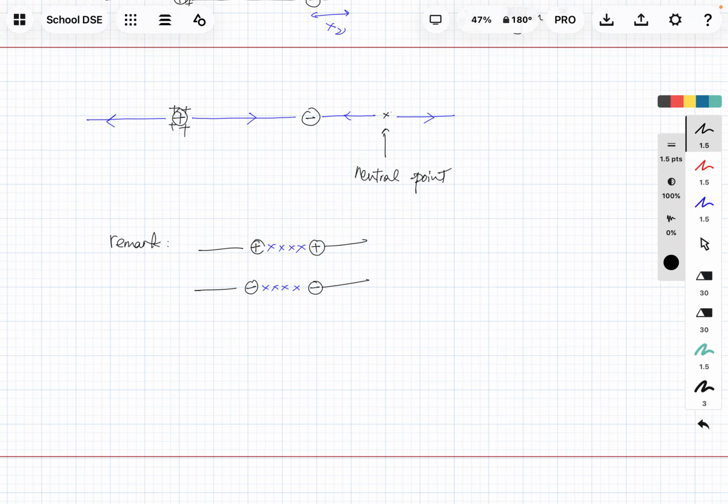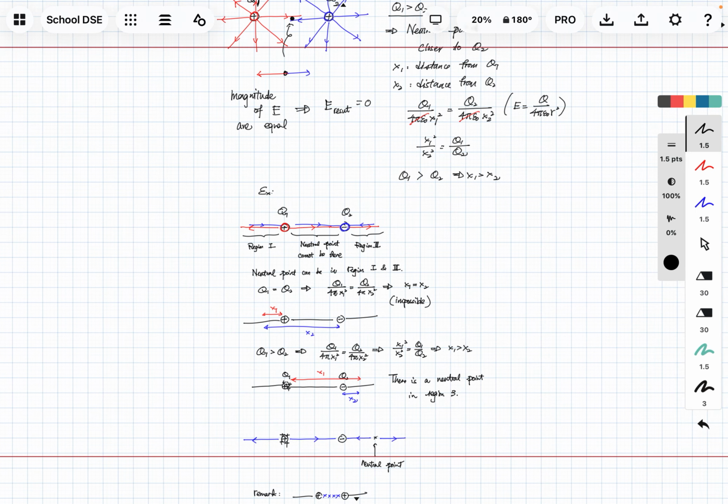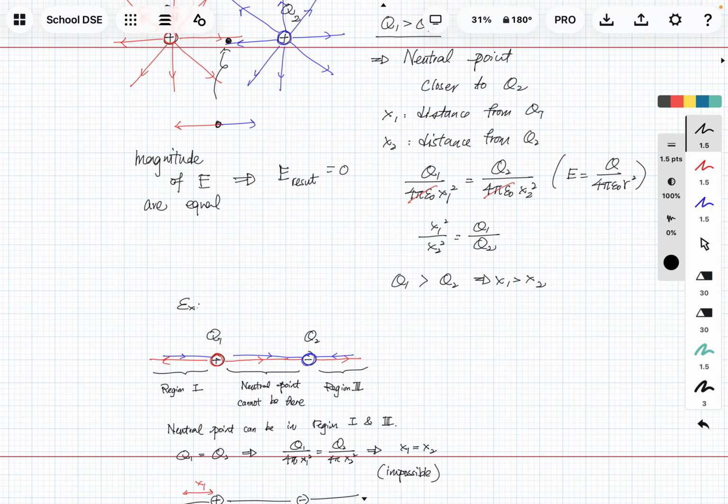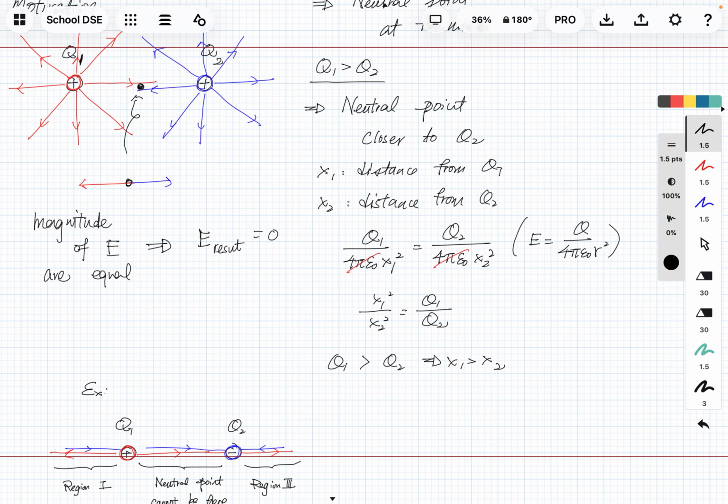On the right-hand side of this current, what is the direction of the magnetic field? Okay, you use the right-hand grip rule. So go around. On the right-hand side, it should be going into the paper.